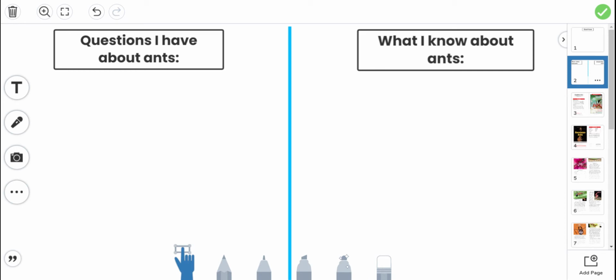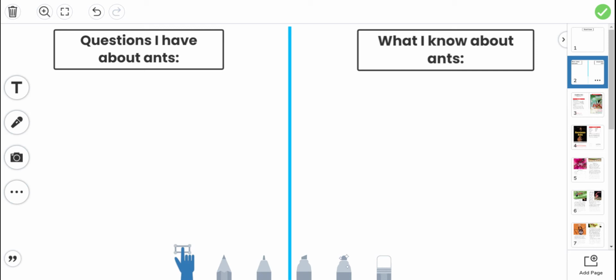The other strategy we're going to be working on is main ideas and details. So the general topic or what the book is about is the main idea, and the extra information or descriptions that help us understand the topic are details. So the main idea and the details are needed to fully understand the book and fully understand about ants.